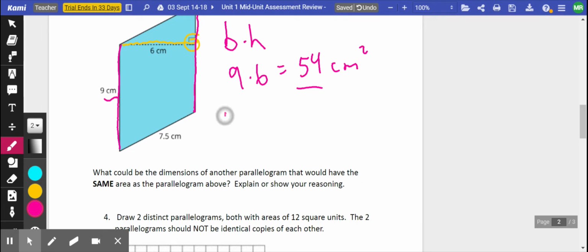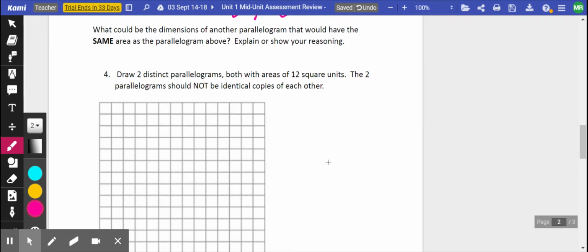Here are some examples. The base could be 54 and the height could be 1, or the height could be 54 and the base could be 1. The base could be 27 and the height could be 2. The base could be 18 and the height could be 3, or vice versa, and so on and so forth.